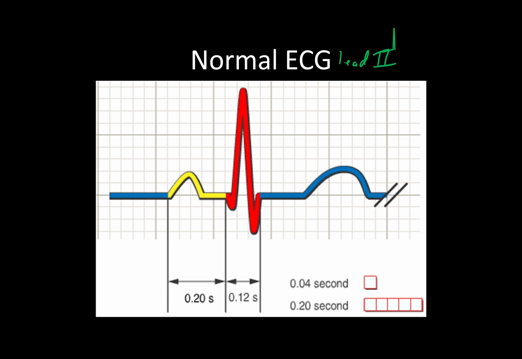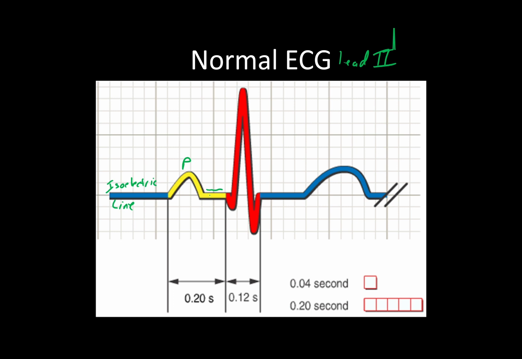What we start out with is our isoelectric line, and this serves as a baseline for everything, saying that no electricity is flowing one direction or the other. The first thing that you should encounter from the isoelectric line is going to be your P wave, and that's going to be upright. After your P wave, you're going to have this little segment along the isoelectric line that is nice and flat.